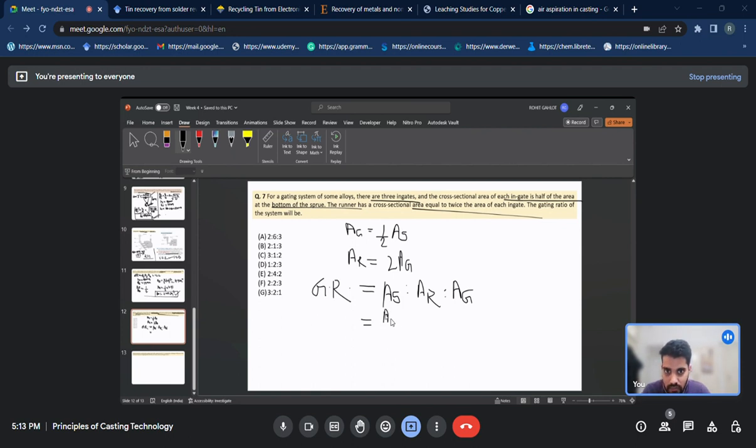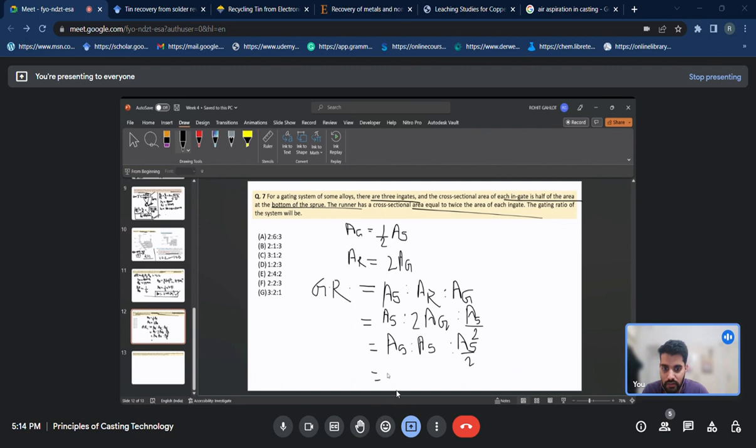If you convert everything to one term, the area of the runner we can write as twice the area of the gate. Then the area of the gate is half the area of the sprue. So this will be area of the sprue times, again, area of the sprue by 2.